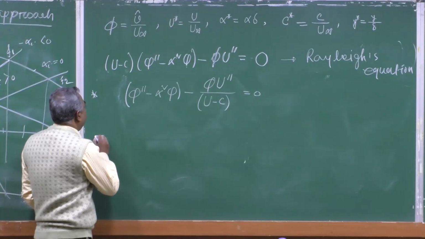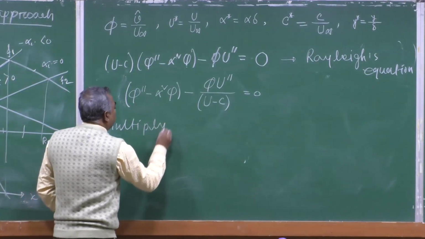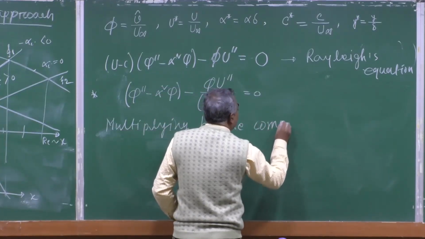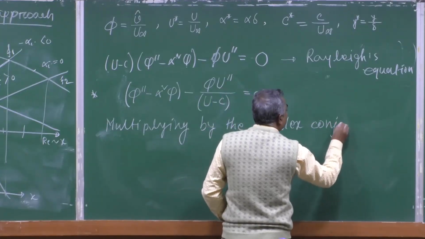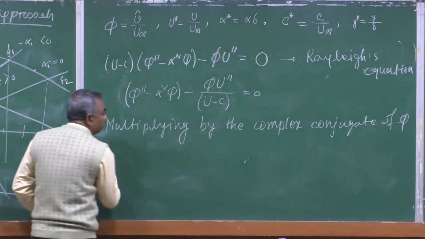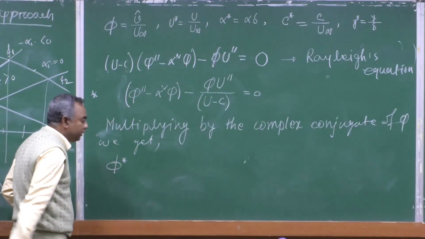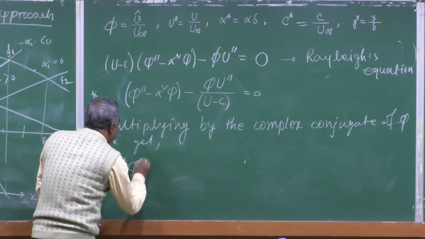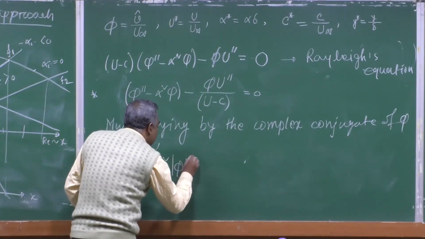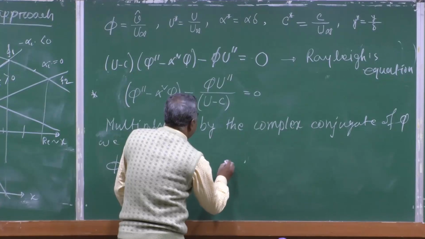If we do that, then we get phi complex conjugate, let us say phi star, times phi double prime, minus alpha square phi and phi star, which is nothing but this, minus you are multiplying by phi and phi star.